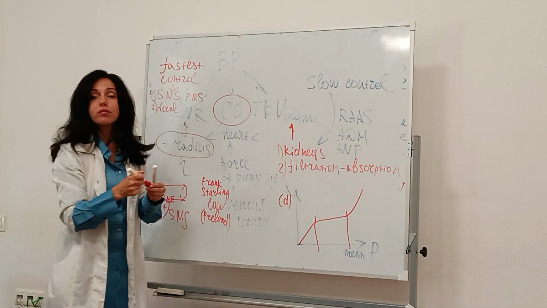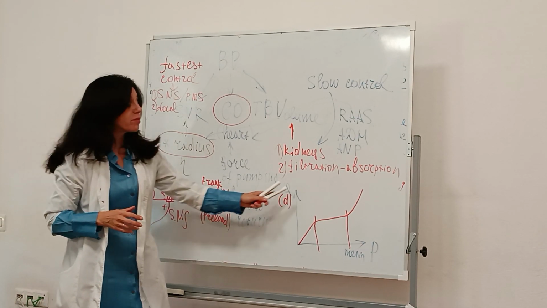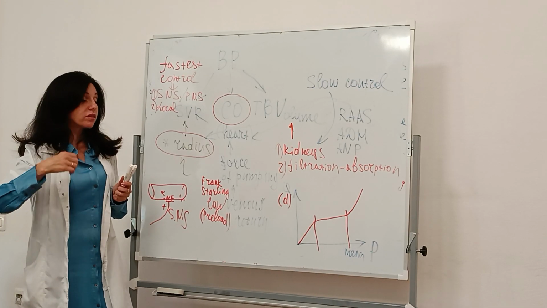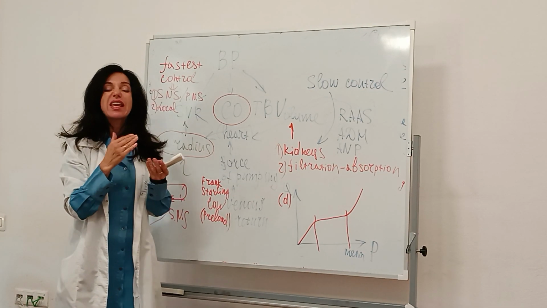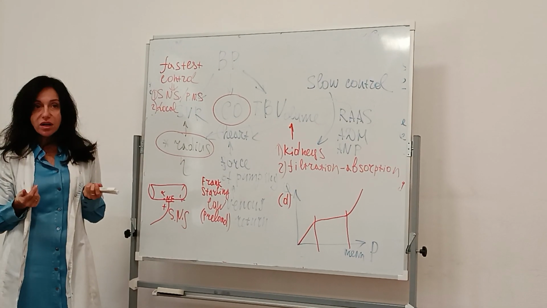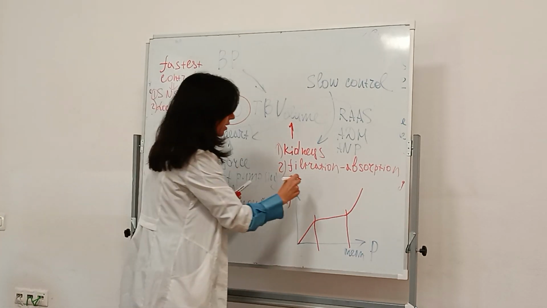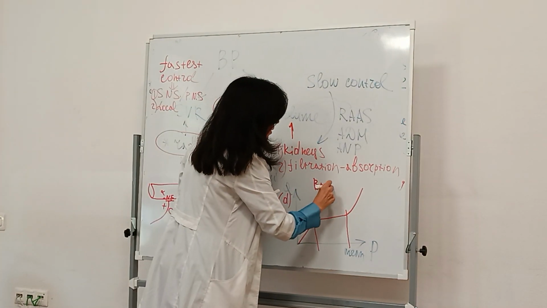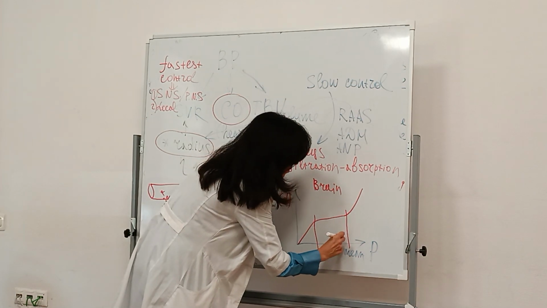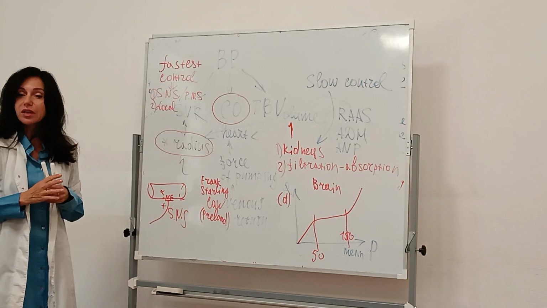What is the gradient? Providing stable blood flow. It depends on the organ. But this mechanism works very well in organs requiring stable blood perfusion: brain, heart, and kidney to provide filtration. For example, for brain, this gradient is about 150 millimeters Hg, a stable gradient.